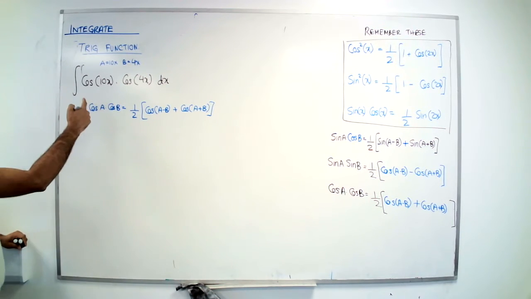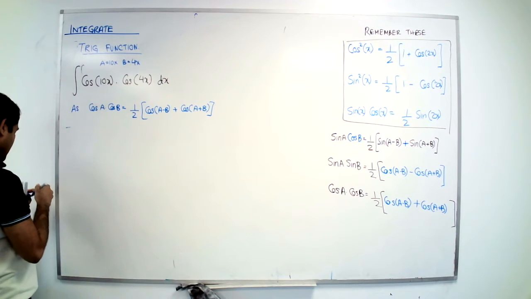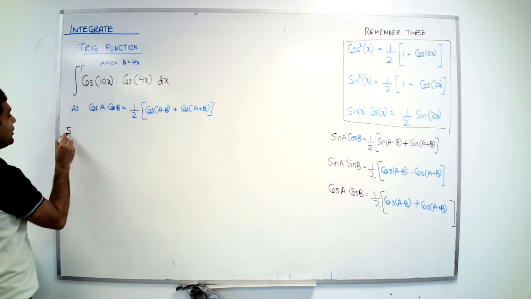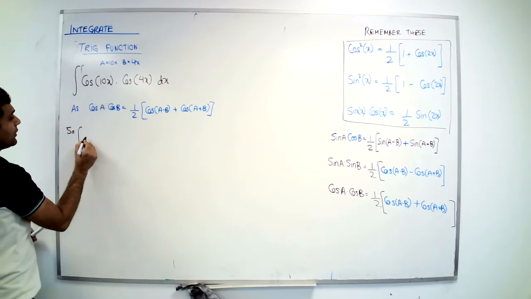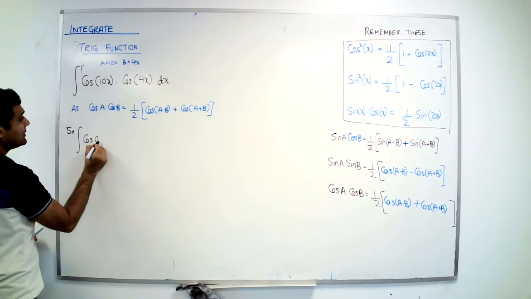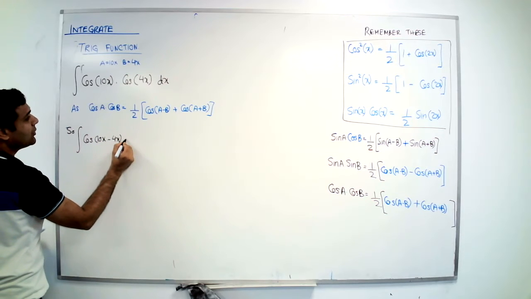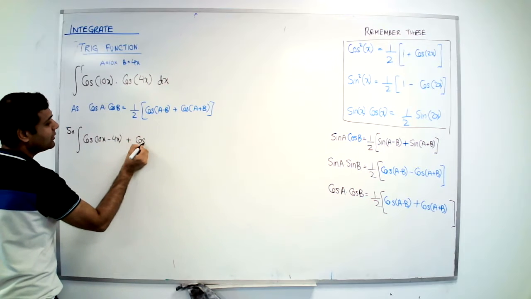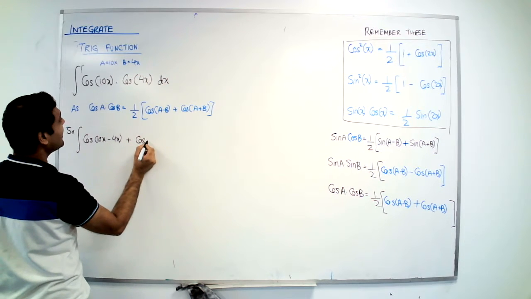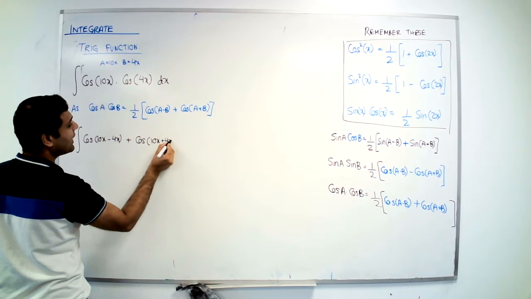So I'm going to use that one. Same thing here. So this equation will become cos(10x minus 4x) plus, I missed the half, but I will write it down, cos(A plus B), which is 10x plus 4x.